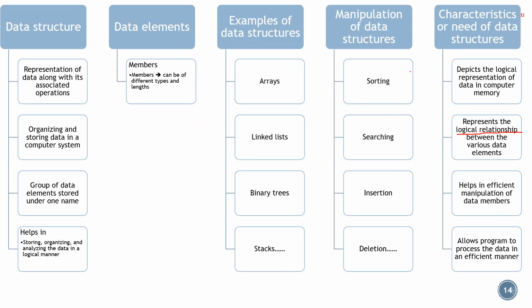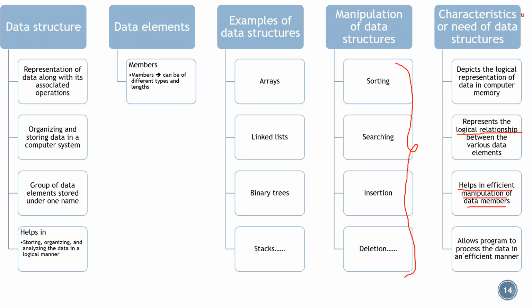Then as we specified, since we can do sorting, searching, and some other estimations, we can perform all these manipulations on the data members. It is again based on a few conditions which we have to look out for.